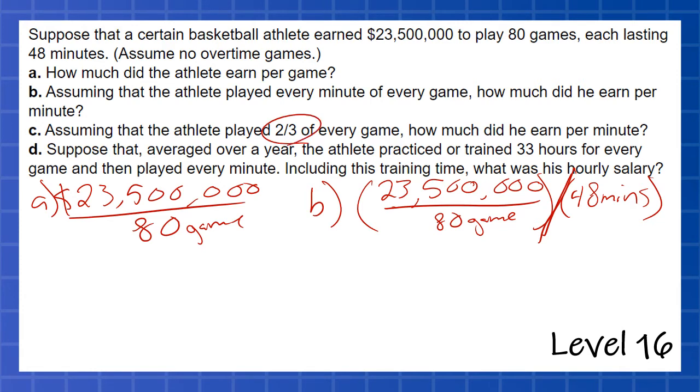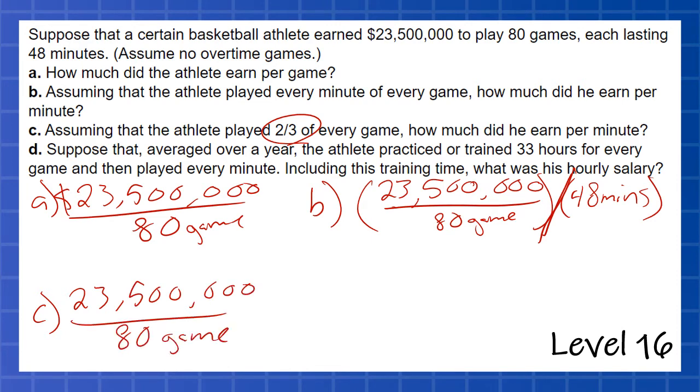They only play 2/3 of the game. So I don't need to divide it by 48 minutes. Instead, I'm going to divide it by 2/3 of a game. So 2/3 of 48 is 32. So they only played 32 minutes. Then we're going to divide that, and that will give us that.